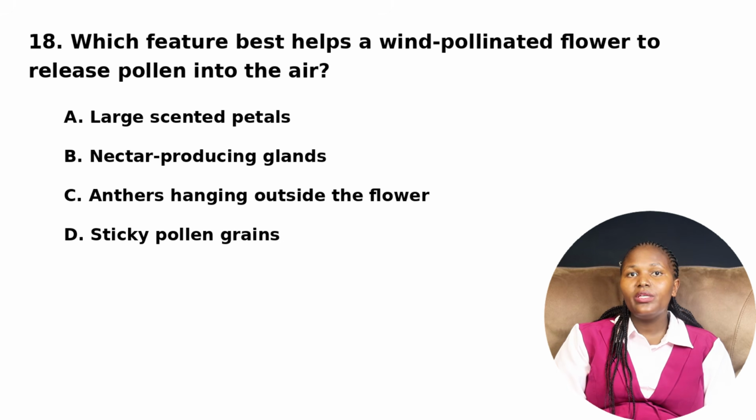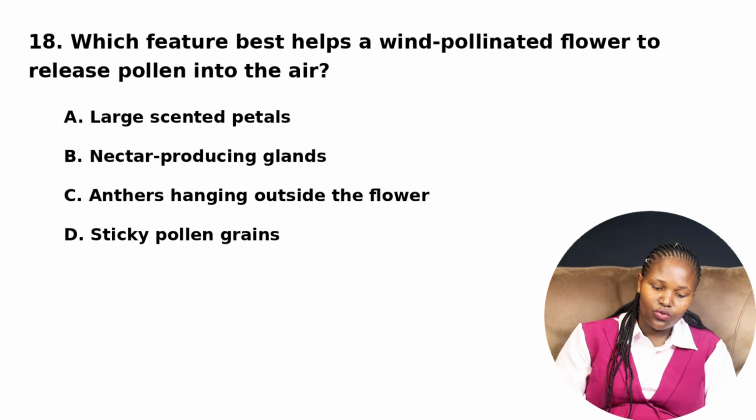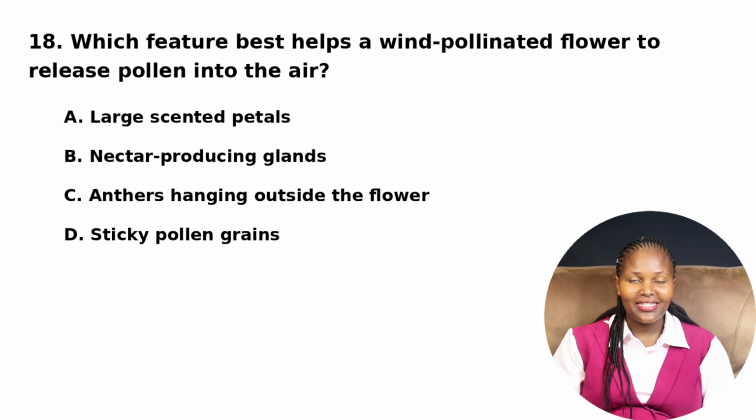Wind-pollinated pollen is usually light and smooth and not sticky. You see? So for reproduction in plants, it is very easy. You just need to make sure that you understand how pollination occurs, and when you understand how it takes place, this kind of question should not be hard for you to answer.